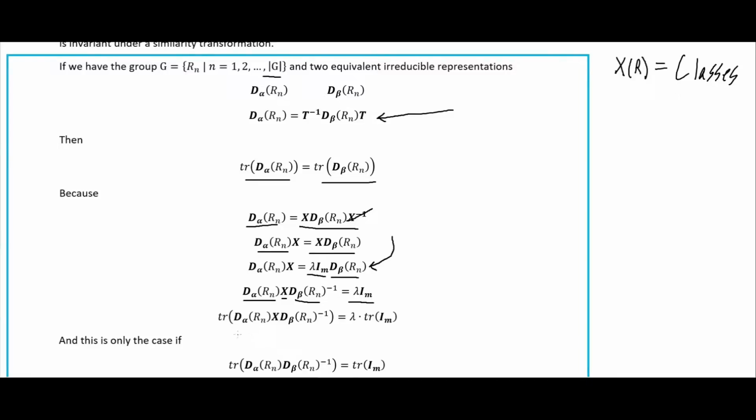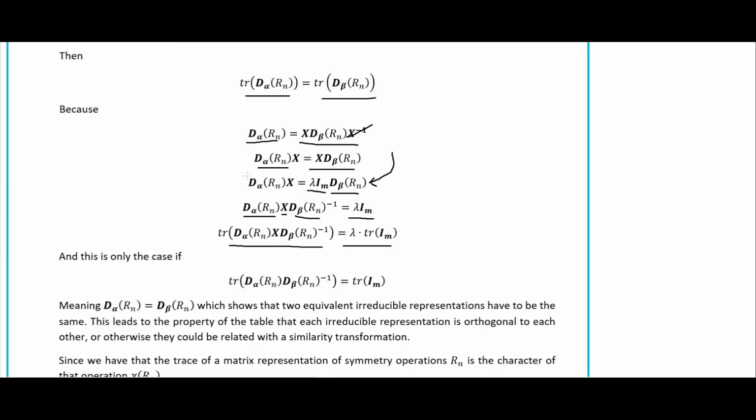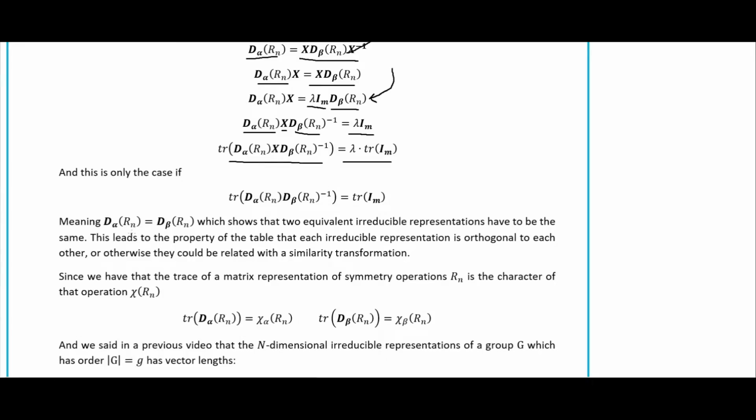And so we take the trace of both sides, and that will end up being some scalar multiple times the trace of the identity matrix. Like I said, this was using Schur's lemma to show that the traces of these two irreducible representations that are equivalent to each other have to be the same.